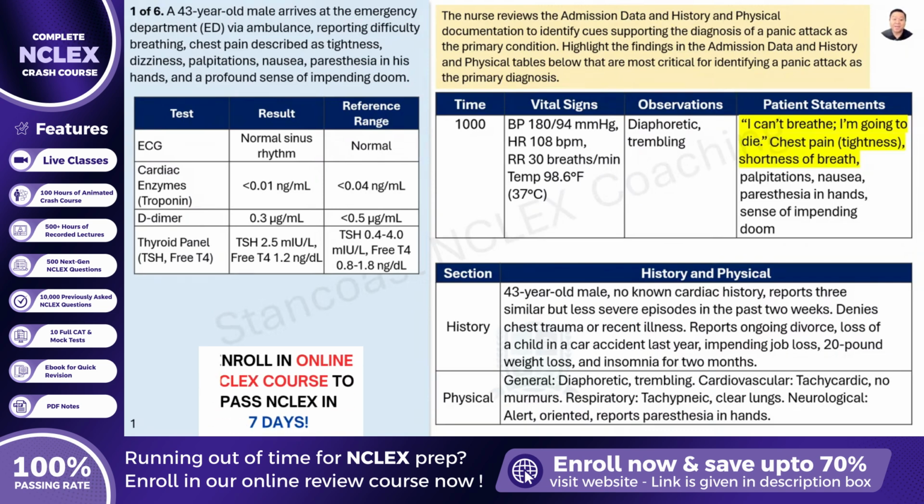And when you recognize this as part of the DSM-5 criteria, this can help you focus on other interventions like guided imagery or breathing or grounding techniques instead of automatically escalating for respiratory failure.